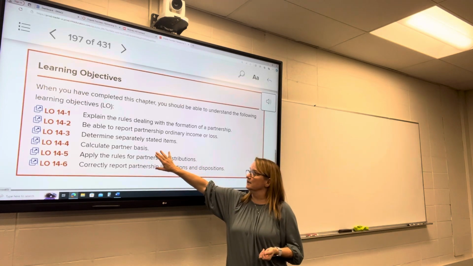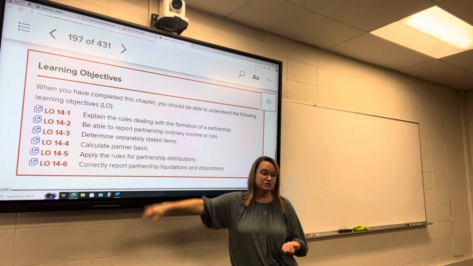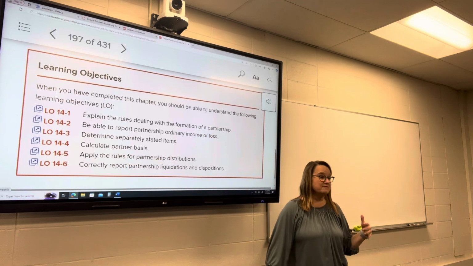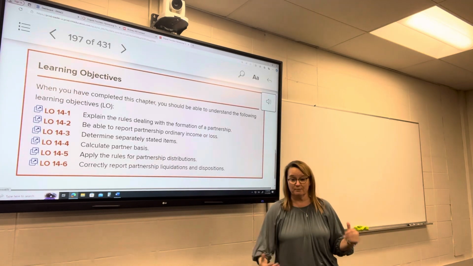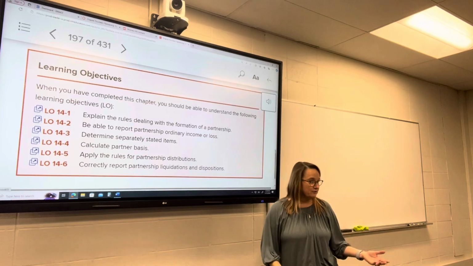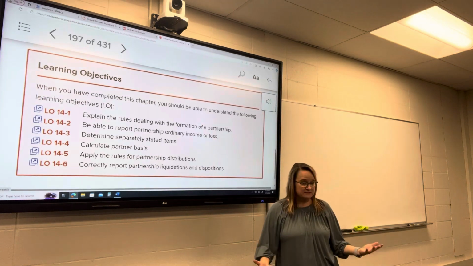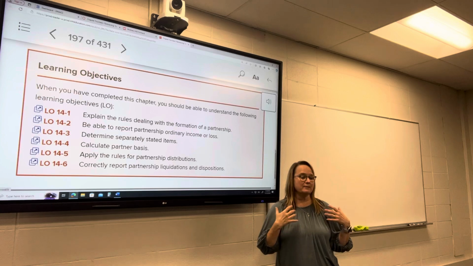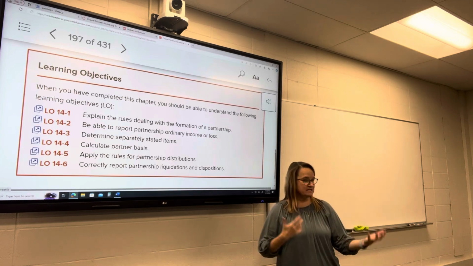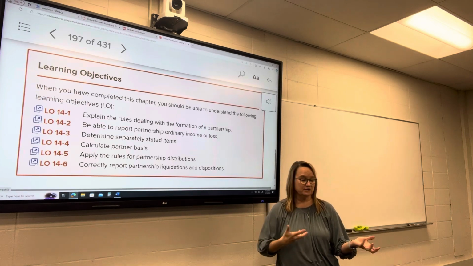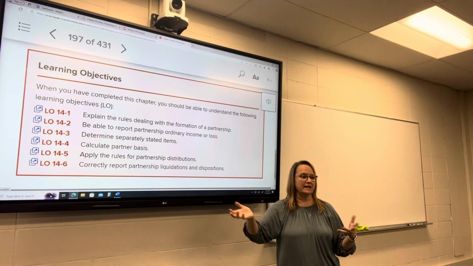We're going to go over our calculation of partner basis. Like any other asset, a partnership is an asset, so we have a beginning basis, and then the basis of our asset changes over time. It could increase and it could decrease.